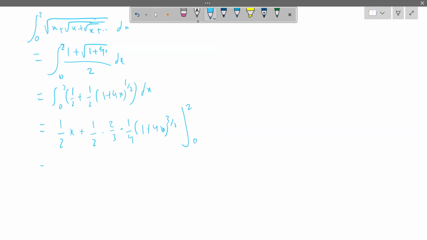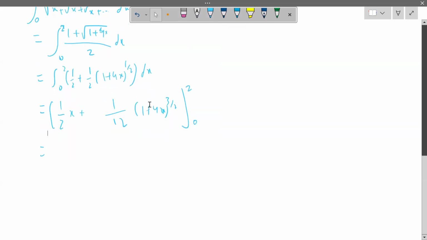This fraction we can actually simplify. It's actually 1/12, so I'm going to replace this by 1 over 12. All right, so let's substitute x equals 2 and x equals 0 into this antiderivative.